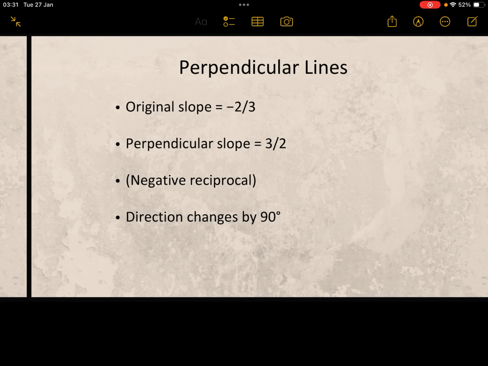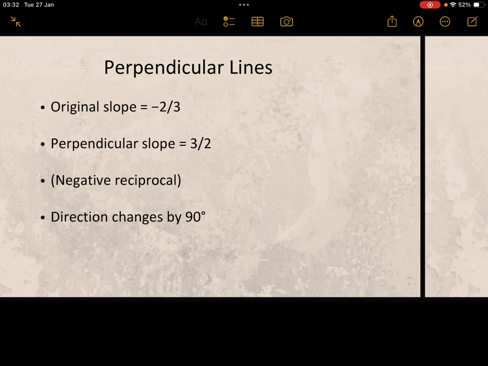So please do plot the graph and see it for yourself. And you know that important concept of perpendicular lines: if two lines are perpendicular, then the product of their slopes must be equal to minus 1. That is why we are taking the negative reciprocal in this example.